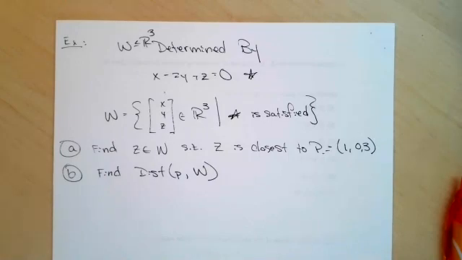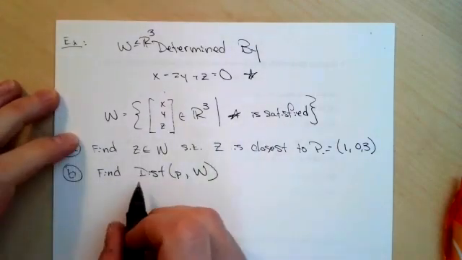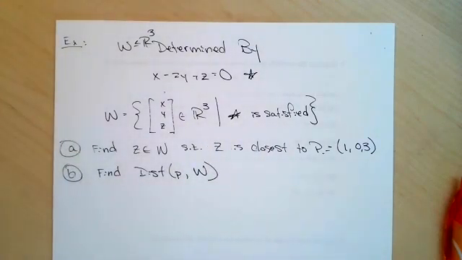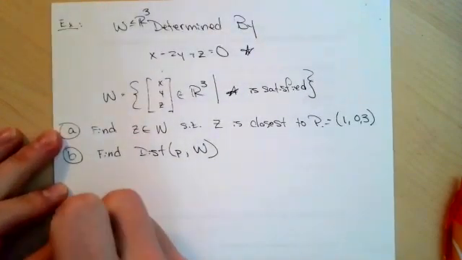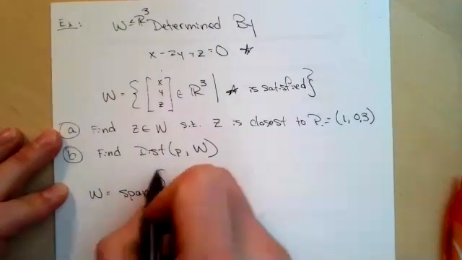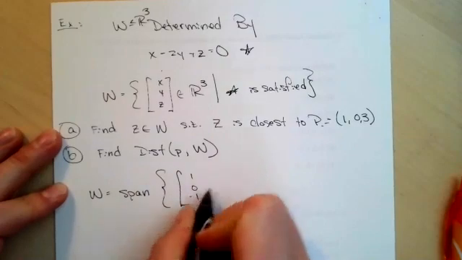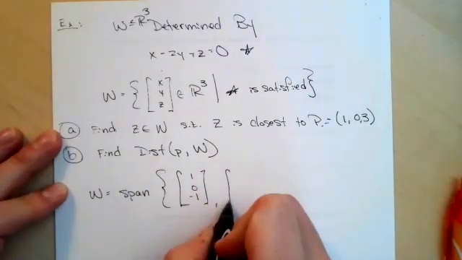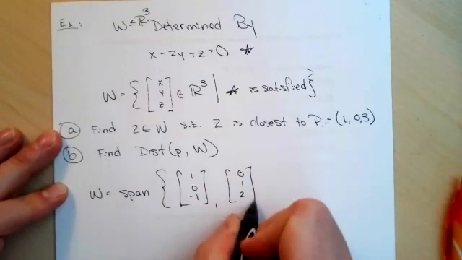So if we want to follow these orthogonal projection methods, our first step was to parameterize W. In other words, we want to find a basis for W so that when we take a linear combination, a two-parameter family, we'll have a nice parameterization of W. And so we found that W is going to be the span of (1, 0, -1) and (0, 1, 2).